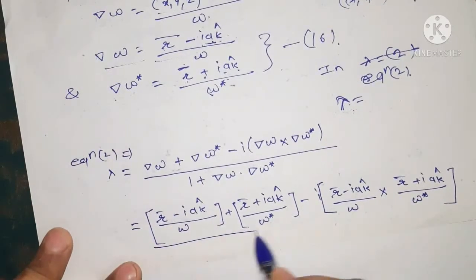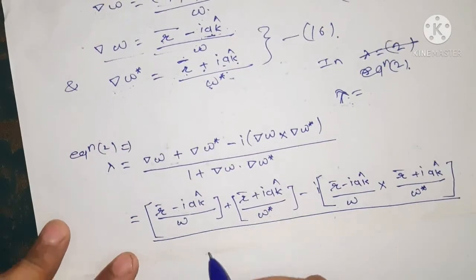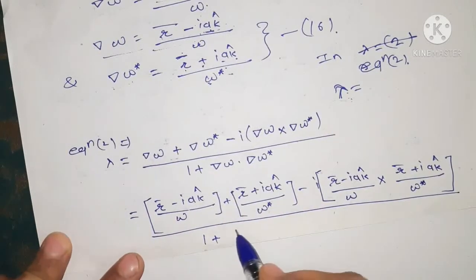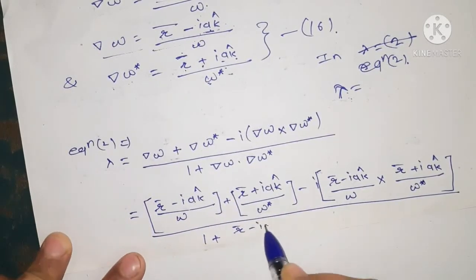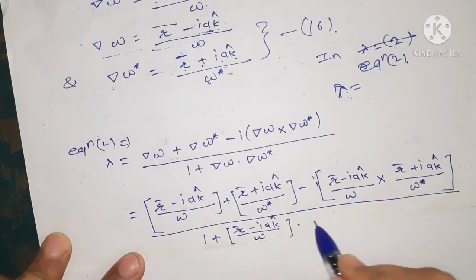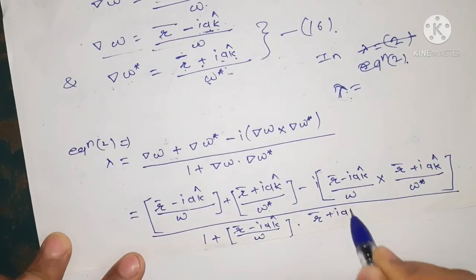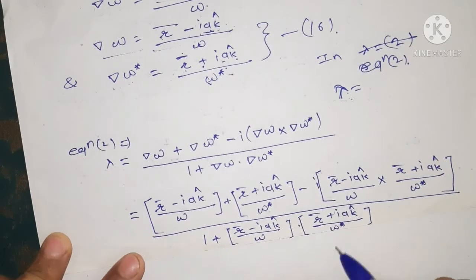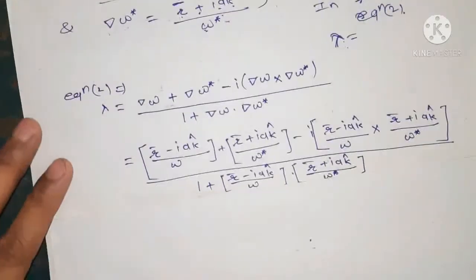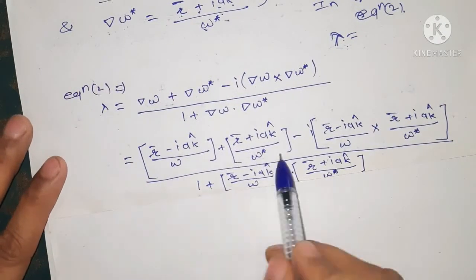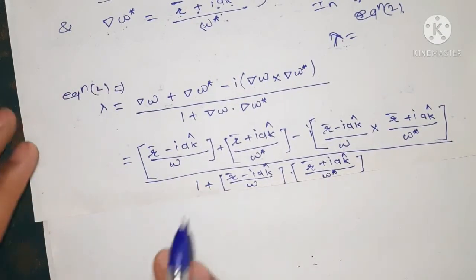And this is divided by 1 plus the value of del omega, r bar minus i a cap upon omega, in a bracket, into r bar plus i a cap upon omega star. Okay, so now we solve this. We can take the common omega star from these terms.